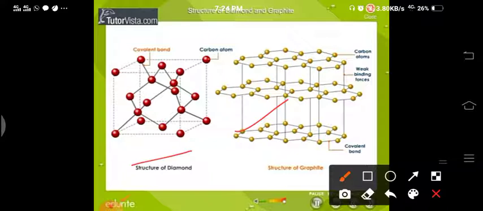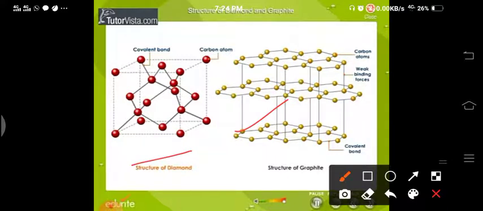And then the structure of graphite. In the structure of graphite, you can observe it also has covalent bonds, but weak binding forces are there between the layers. Each carbon atom combines with 3 other carbon atoms, and with each and every layer weak binding forces are there.